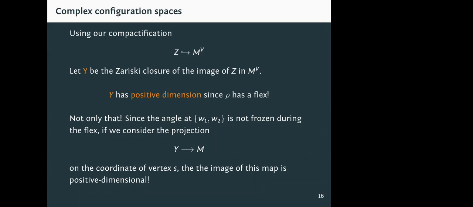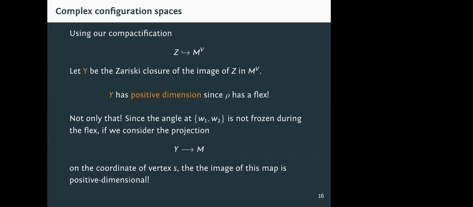The fact that we have a flex, namely infinitely many points on Y, means that Y has positive dimension. Not only that, since we suppose that the angle at this edge Y1, W1, W2 is not frozen, then if we look only at what the vertex S does, we see that the vertex S moves, so it traces at least a curve.